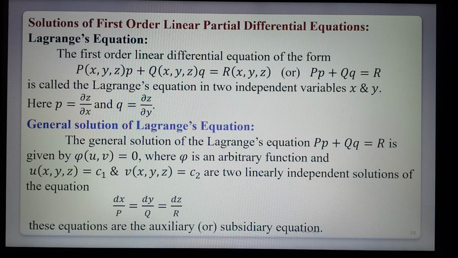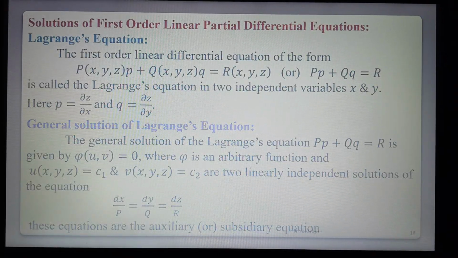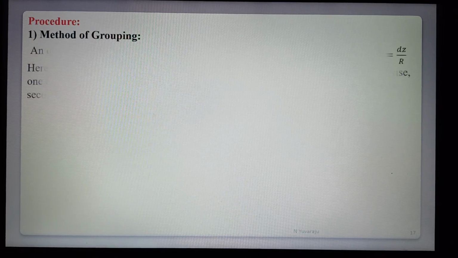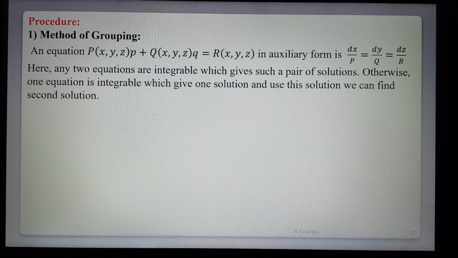Then how to find the solution, we see the procedure. Of the two methods for solving Lagrange's equation, the first method is the method of grouping.